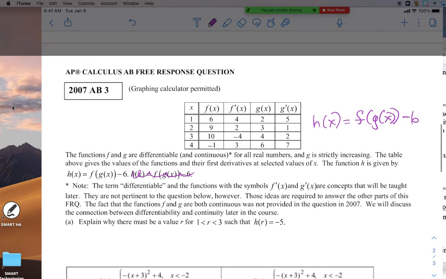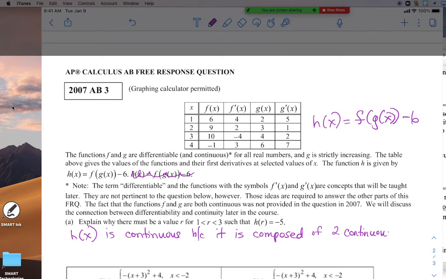So h of x is continuous because it is composed of two continuous functions, f and g. So you always have to state that when you're doing the intermediate value theorem.